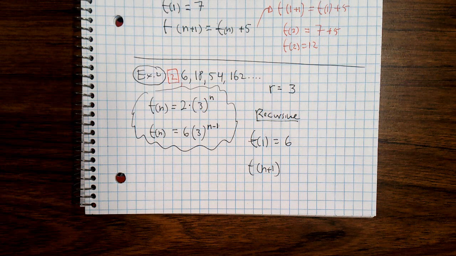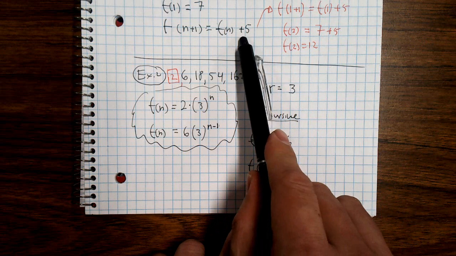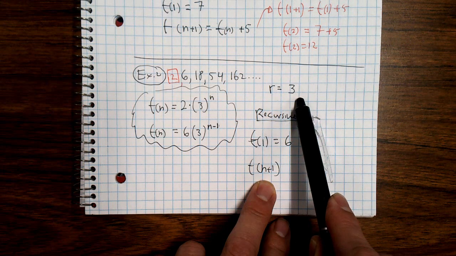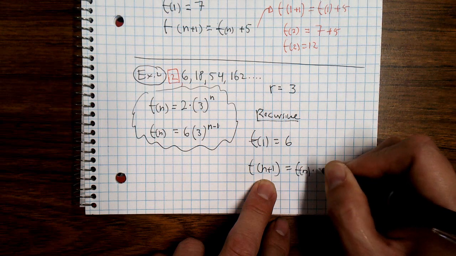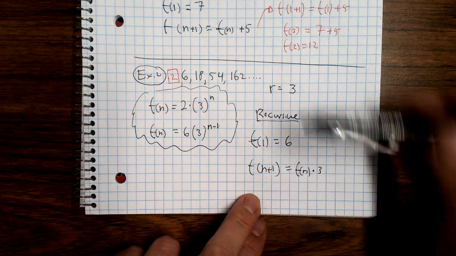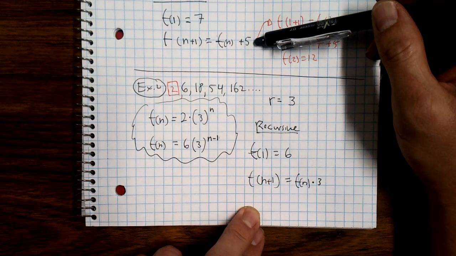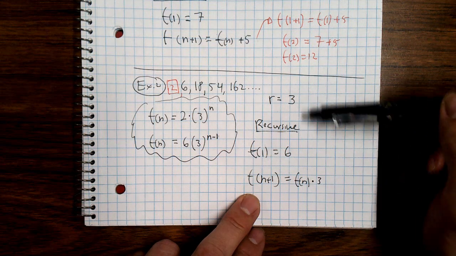Now earlier it was adding 5. That's how we had add 5, but this one has multiply. So all you have to do is write down T of n times 3. That's it. Earlier we had a plus 5 because it's an arithmetic sequence, you add 5. But this one is a geometric sequence, so it's multiplied by 3.